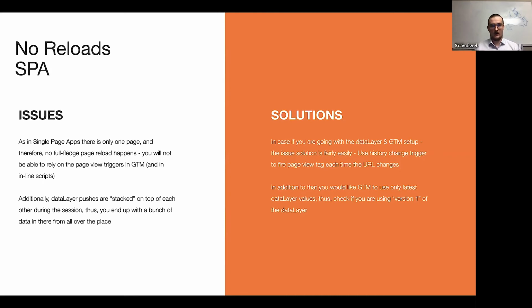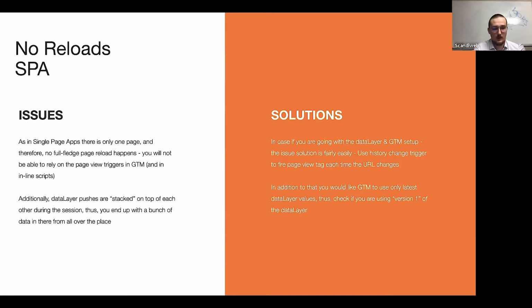Previously, I was just Googling what it is and why it exists at all. But when I started working with single page applications, it appears that this data layer version selector works well for those.